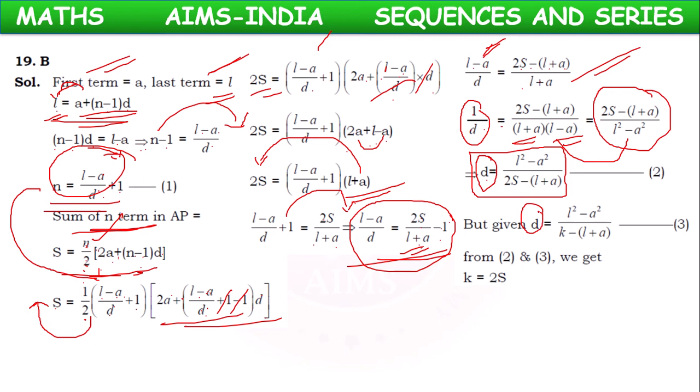But the d value in the question is given as (l square minus a square) by (k minus l plus a). If we compare this equation and that equation, in the place of l square we have l square, a square, a square. In the place of 2s we have k, in the place of l plus a we have l plus a. So in the place of k we have 2s. So the value of k is 2s.